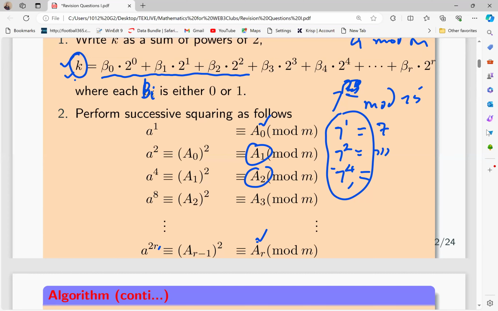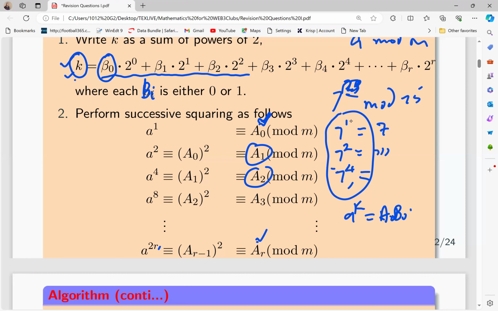So to get a raised to k, that's what we want to get. Just take this a naught and multiply it by beta naught. Beta naught is either 1 or 0.